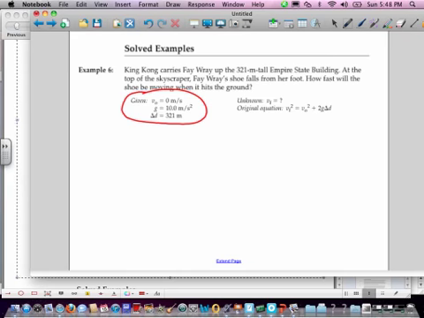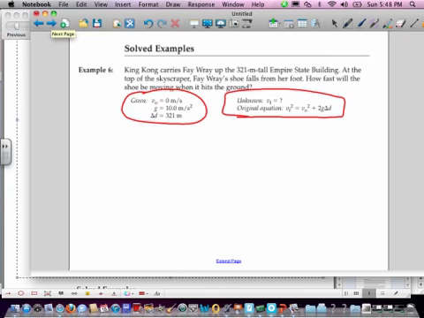So what's the equation? We have distance, we have acceleration. So we're looking for an equation that gives me a velocity, because it asks how fast, and we want to know what the final velocity is. That's my unknown, and we're going to have to use this equation right here.